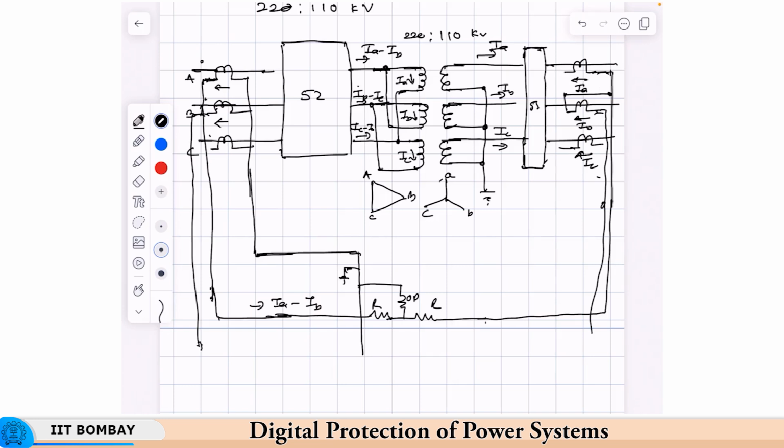Similarly, this will be IB minus IC, and finally IC minus IA.